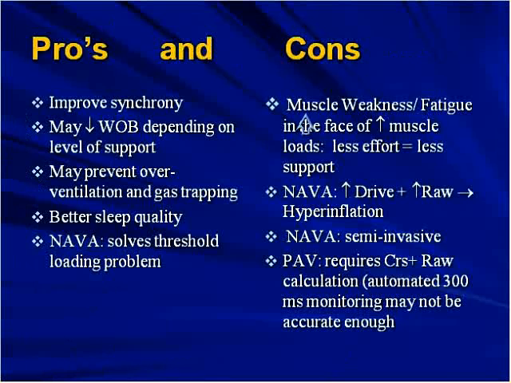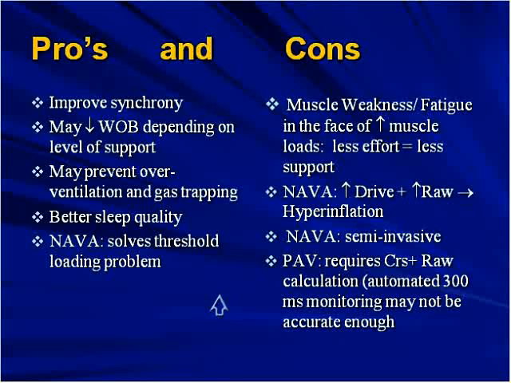On the con side, it may not be appropriate for patients with muscle weakness and fatigue in the face of increasing muscle loads, because essentially less effort is less support. So if someone becomes weaker, the patient limits the amount of work they're doing, the ventilator doesn't give more support. In NAVA, increased respiratory drive in the face of increased airways resistance can cause hyperinflation.